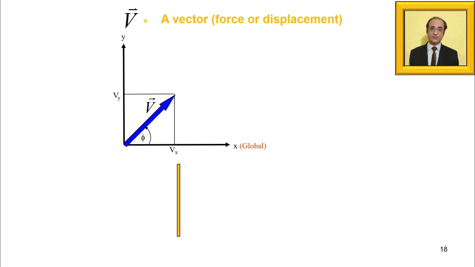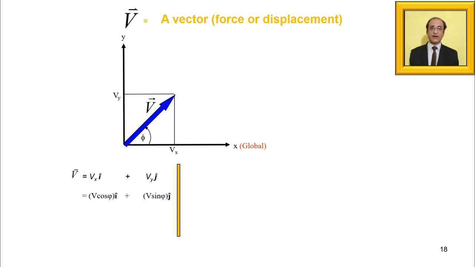It can be anything, doesn't matter. So let's say we are showing here the global coordinate system, and we can write the vector in vectorial notation in terms of the components, where Vx and Vy are the components of the vector with respect to the global coordinate system. So this is essentially the splitting of the vector into its components.